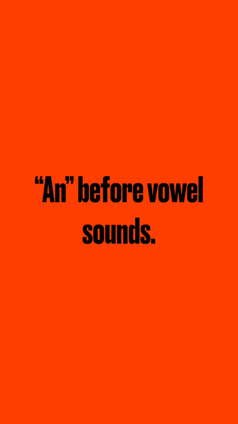The opposite of a is an. An means exactly the same thing as a, but an is used only before vowel sounds. For instance, you must say an animal, an hour, an umbrella. You can never say a elephant or a umbrella. It must be an, because there is no consonant at the beginning of the nouns. So whenever you see a vowel, you must use an.